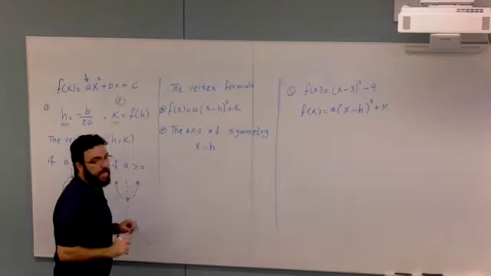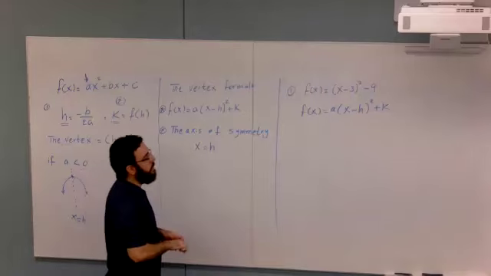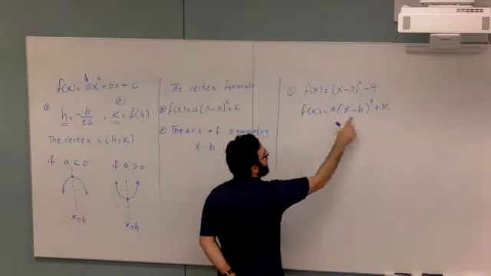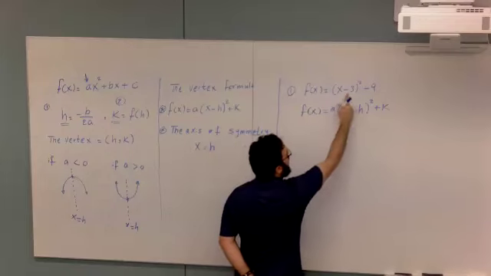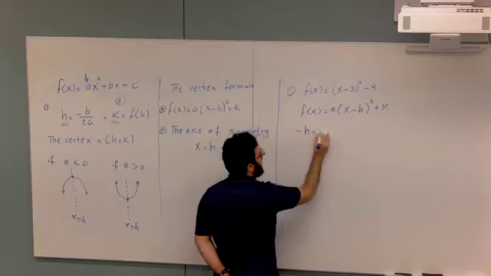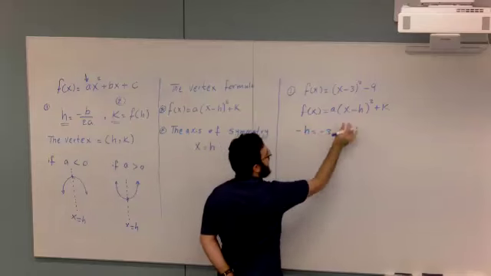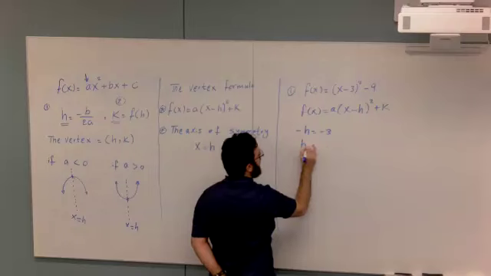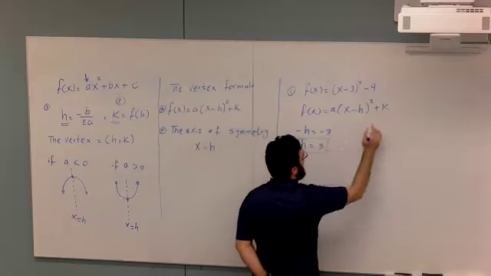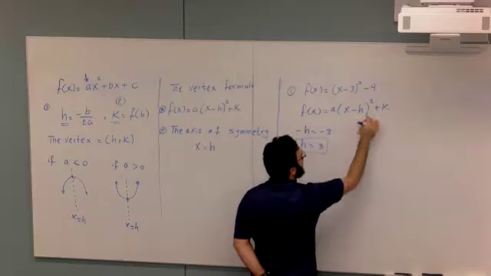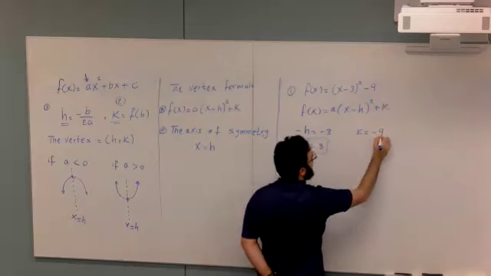Now they ask you to find the vertex point. That means how much is the value of h? Negative h equals -3, right? Negative h equals -3. That means how much is h? What about k? K equals what? -9.